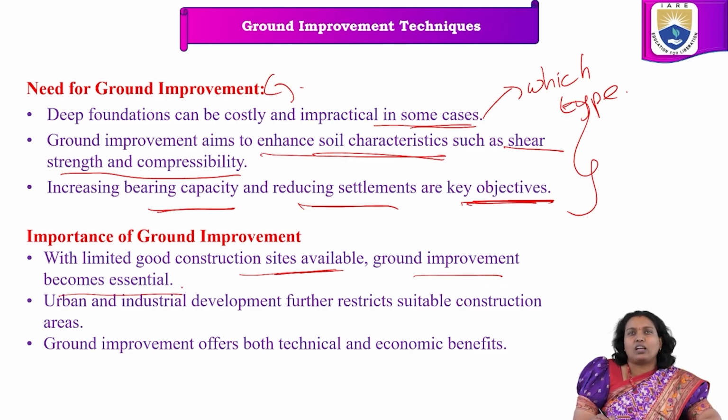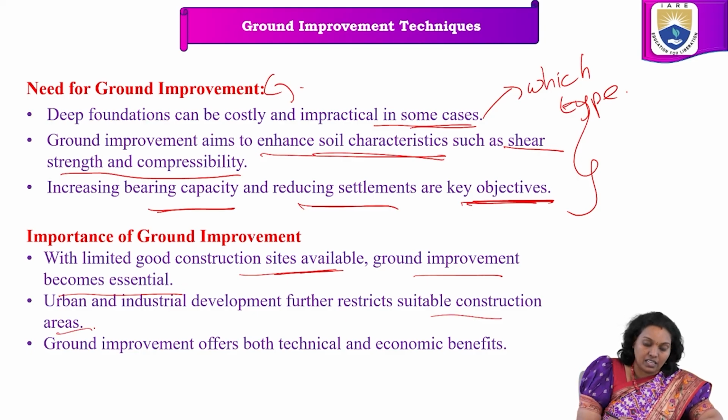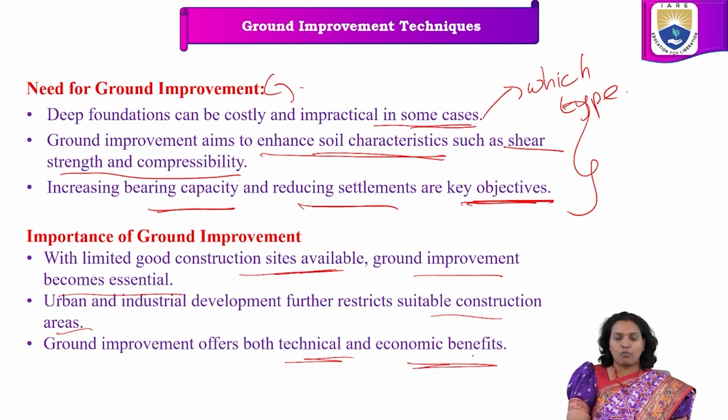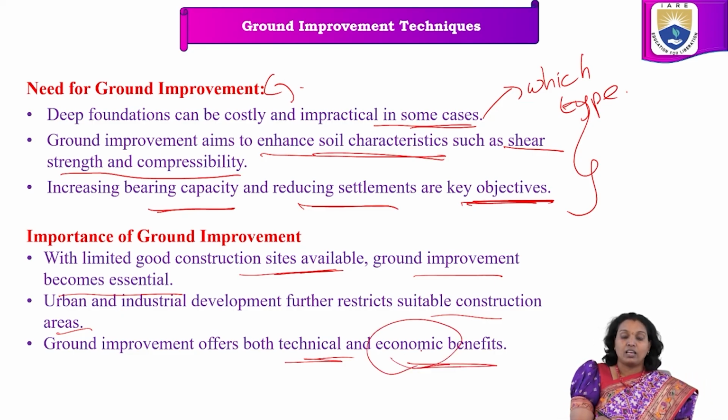Urban and industrial development further restricts suitable construction areas. So, ground improvement offers both technical and economical benefits. Not only from a technical point of view, it is helpful in economical benefits also. So, this is the importance of ground improvement, and because of the impracticality and cost and the need to enhance some of the soil properties, that is the need for ground improvement.